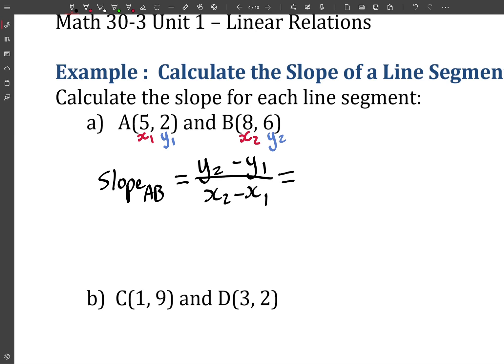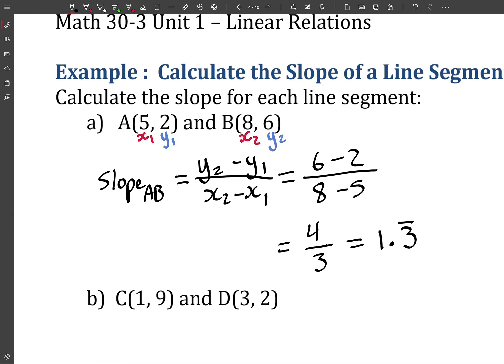So y2 we have labeled as 6, y1 is 2, x2 is 8, and x1 is 5. So the answer is 6 minus 2 is 4, and 8 minus 5 is 3. So the answer is 4 over 3. I'm perfectly happy leaving this as a fraction. It's in lowest terms, so I'm happy with it. If you really want to, you can put it as a decimal. So this would be 1.3 repeated. All right?